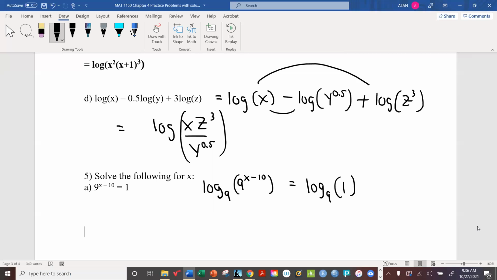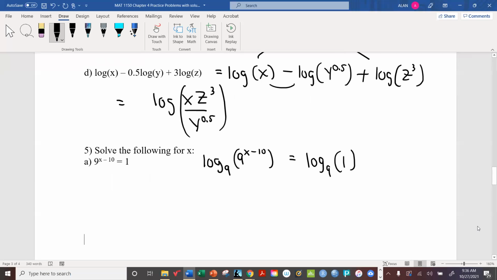Now, here's an important detail. Why did I choose log 9? Because let's remember, if I have log, let's turn this into a recall. The log to base a of a to the x is simply x.